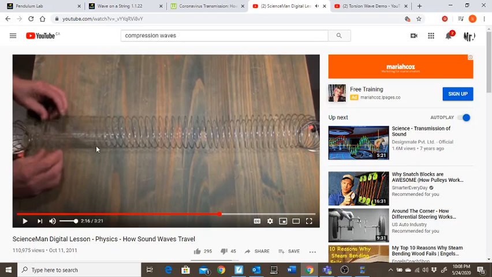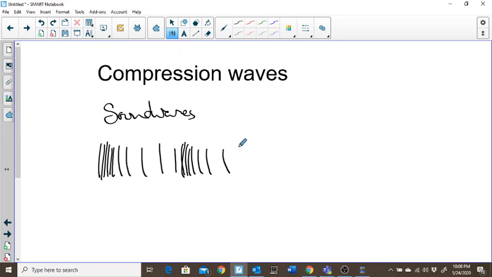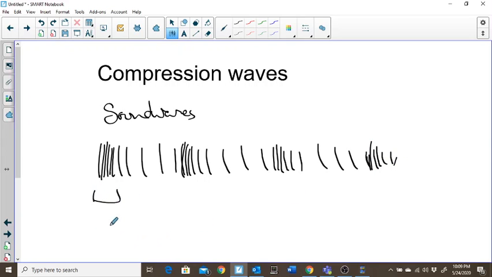Okay, so I was just tracing along it with the cursor so you could see where that compression was traveling. We'll often use a spring like that as an example of a sound wave. So we'll use vertical lines and spread them out and then use vertical lines again, this repeated motion, and it looks like this. Where the lines are close together, that's a compression.